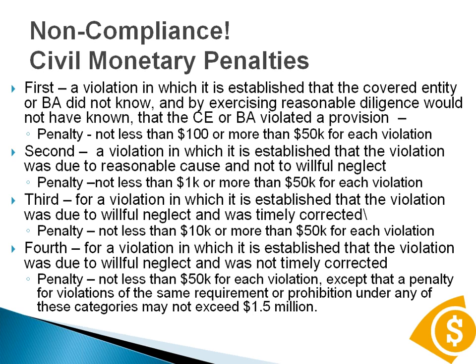First violation, if a covered entity did not know by exercising reasonable diligence, would have known, this is where most people are going to fall under because most people try to comply, then it's going to be a small fine. Second level is if the violation was due to reasonable cause, which means any act or omission where you knew or should have known that you were in violation, but in which you did not act with willful neglect.